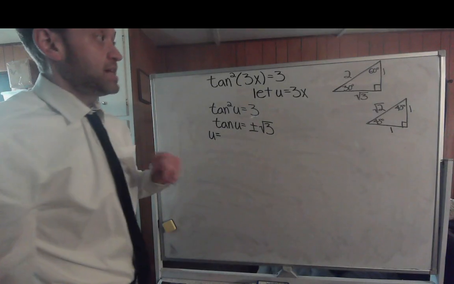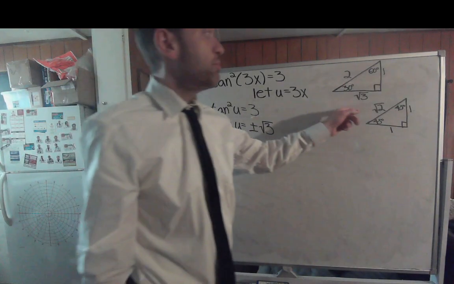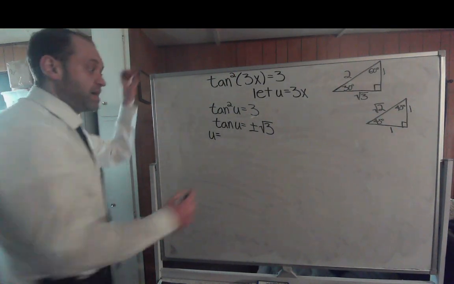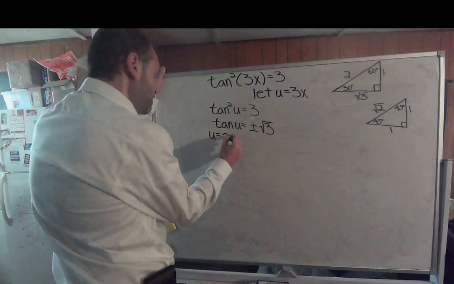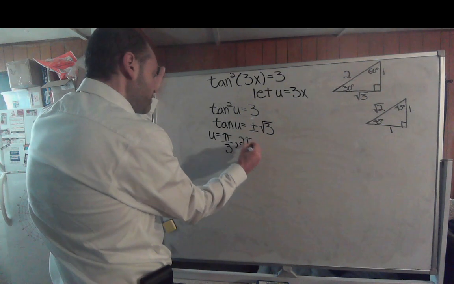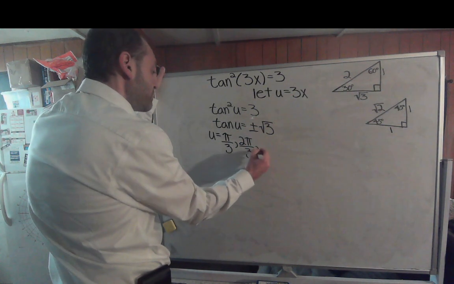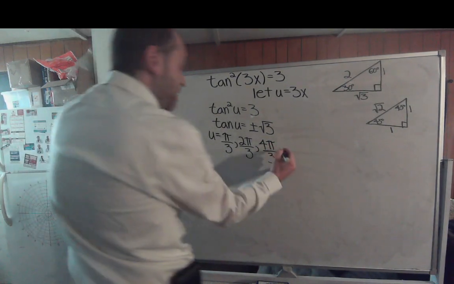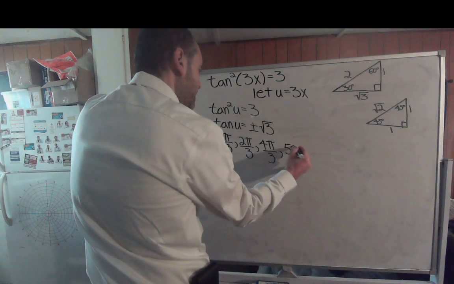What gives you a tangent of the square root of 3? Well, that would be based off of a 60-degree reference angle, so it'd be multiples of pi over 3. So you'd have pi over 3, 2 pi over 3, 4 pi over 3, and then you'll have it again at 5 pi over 3.